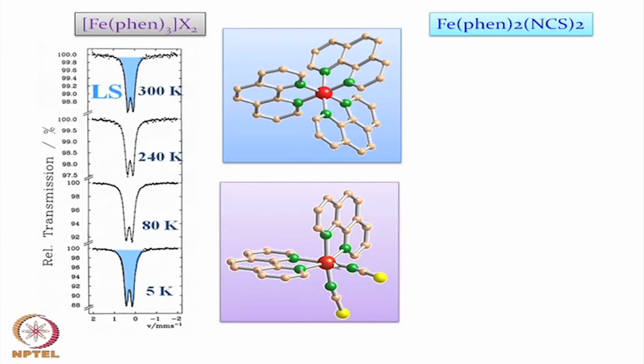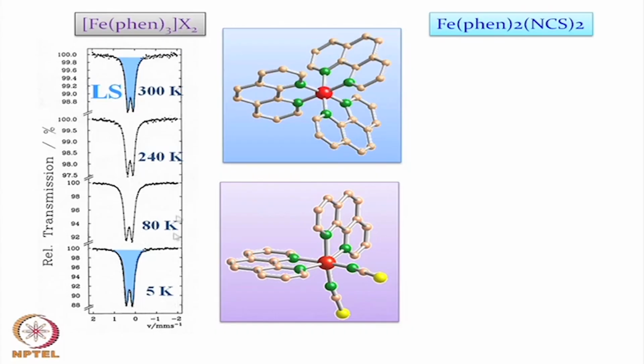So, what we will see is that in case of the tris chelate, we have the corresponding Mossbauer parameters or Mossbauer splitting in the spectroscopy. We find that as we move from 5 Kelvin to 300 Kelvin, the relative transmission is changing, but the corresponding splitting is not changing much, it is almost the same.